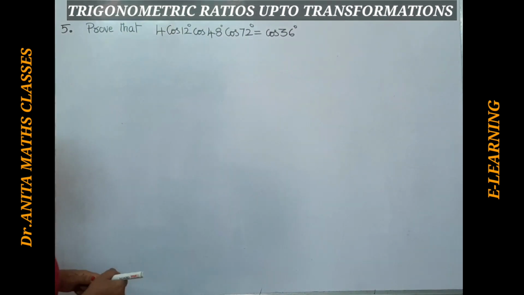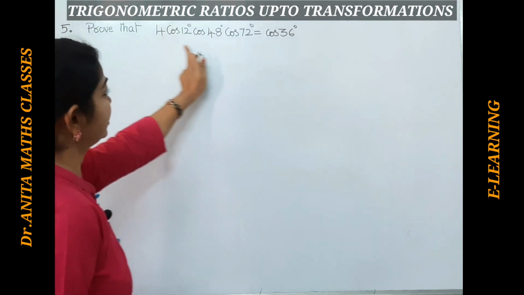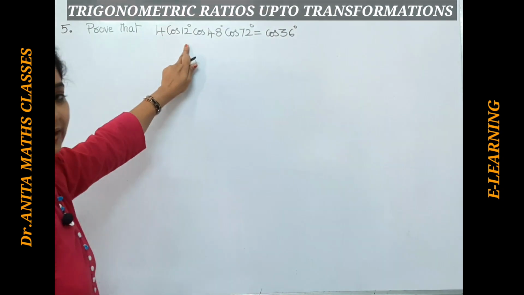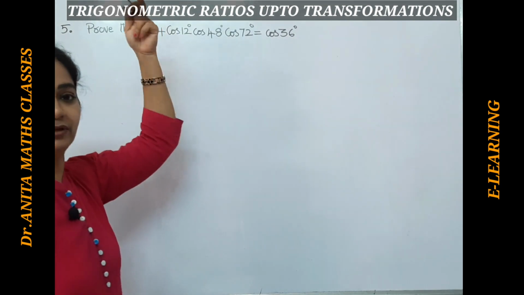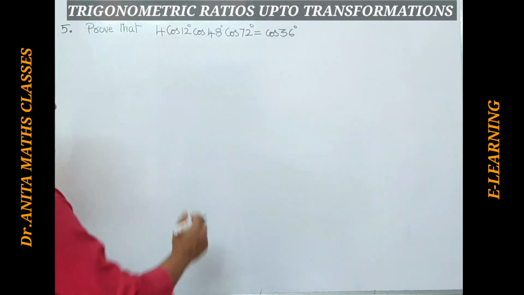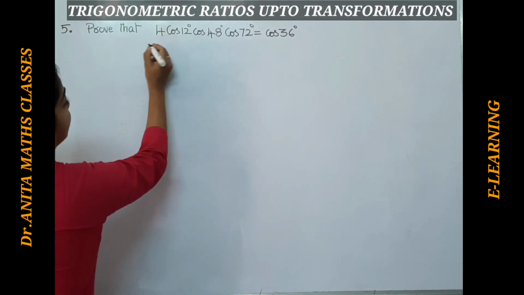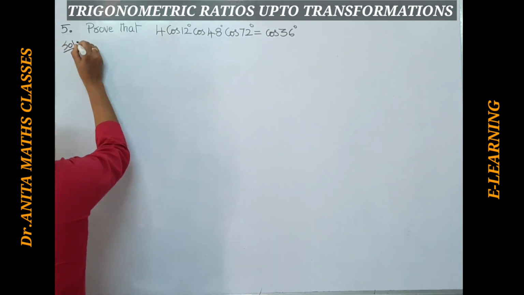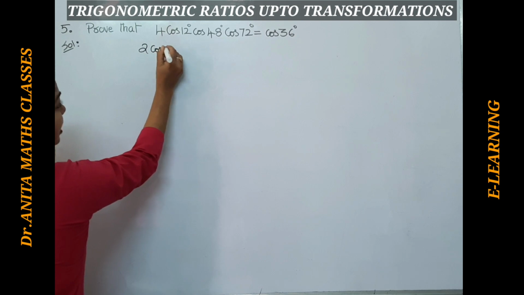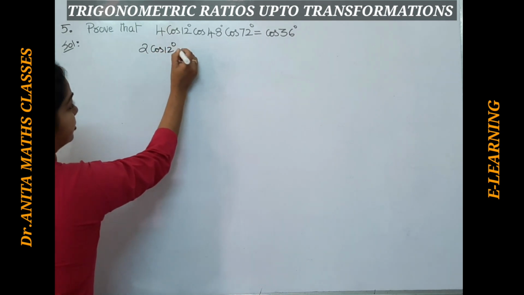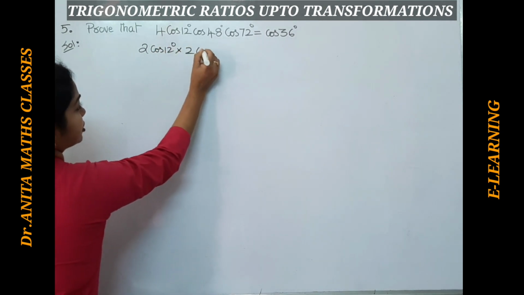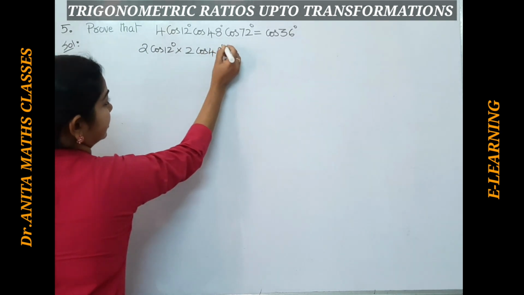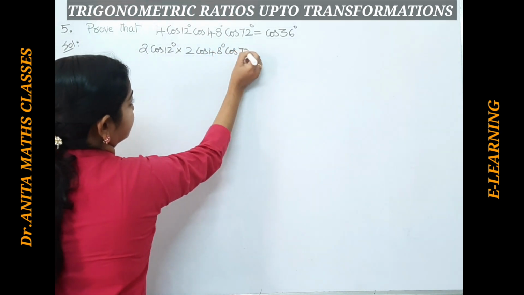Now here, if you see this, this is in the form of a product. So we will transform it using the sum transformation. So let's split this as 2 cos 12 degrees and 2 cos 48 cos 72.